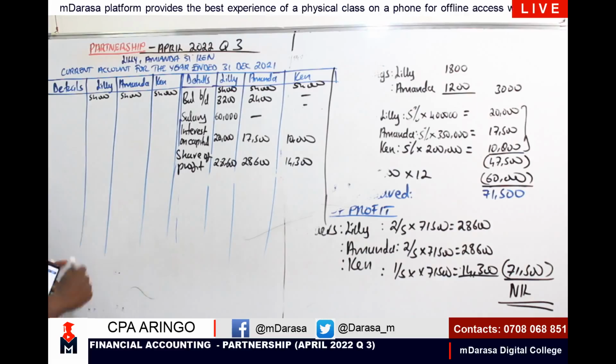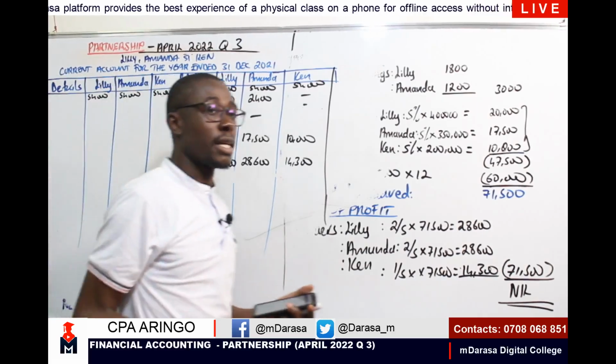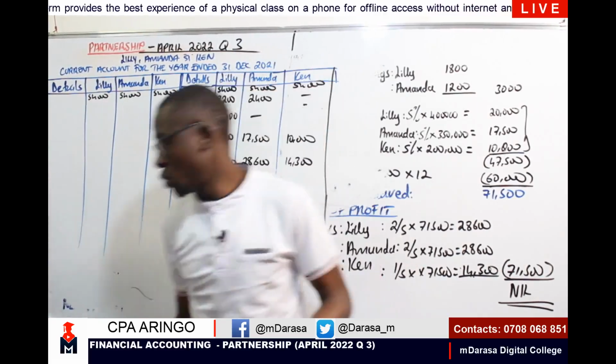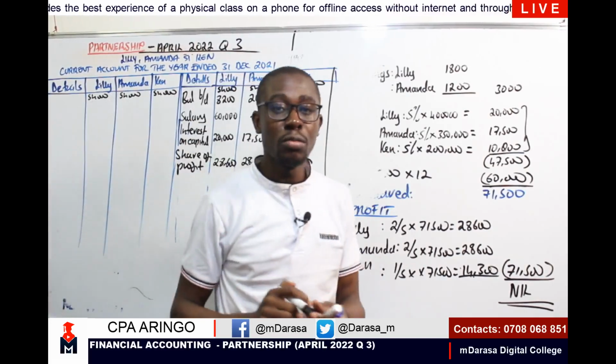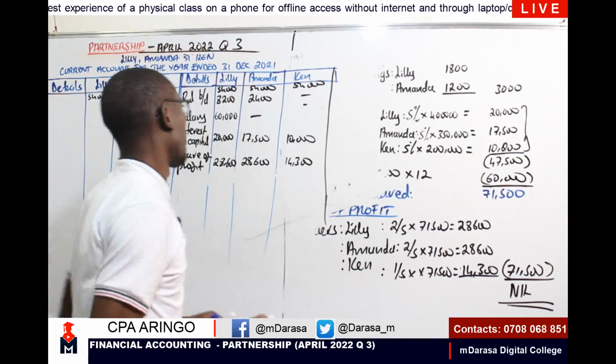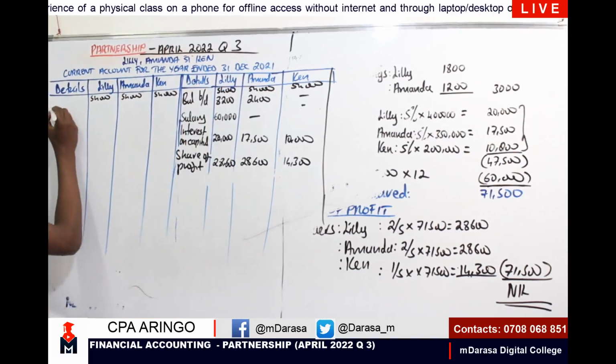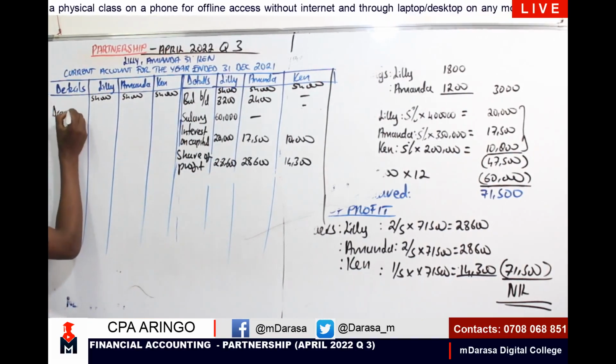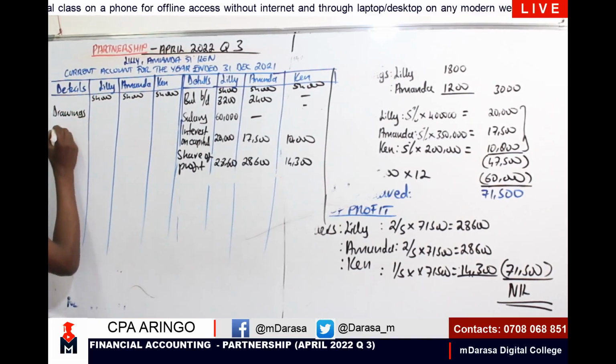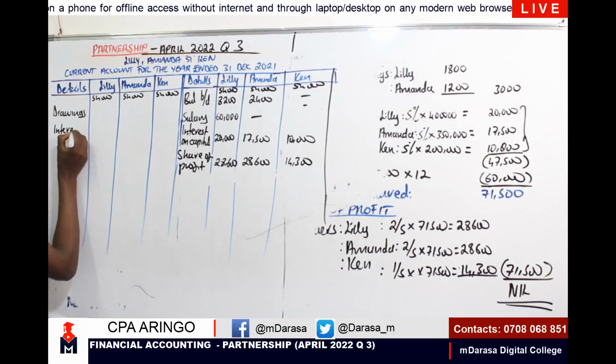Once we have this, come to our debit side of our current account, believing that you still recall the details that should be on the debit side, like drawings and interest on drawings.